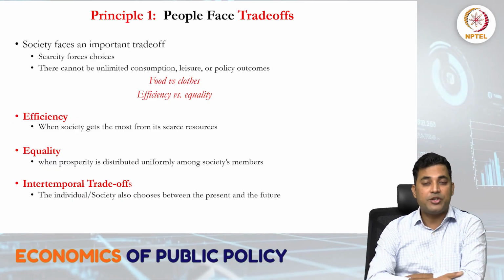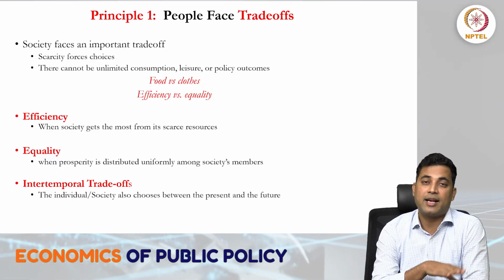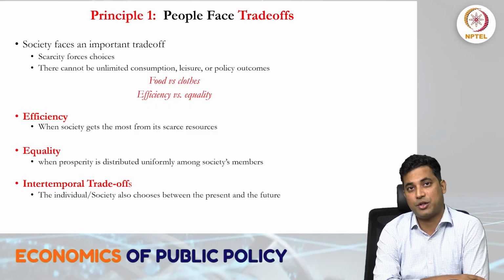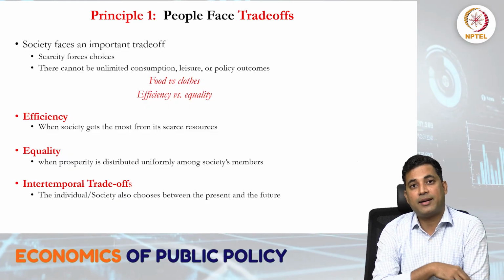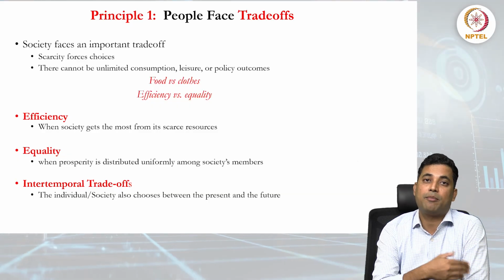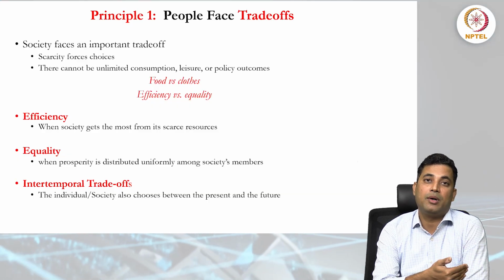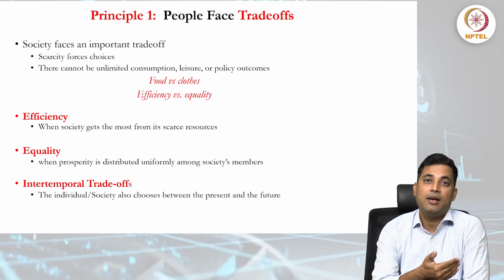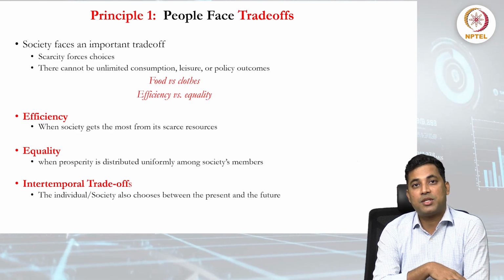So intertemporal trade-off is also one of the concepts that one has to understand, and it is especially relevant in the context of public policy. Like, what public policy do I have to take immediately, or what public policy do we have to consider for the future. For instance, one can take the example of consumption and savings.